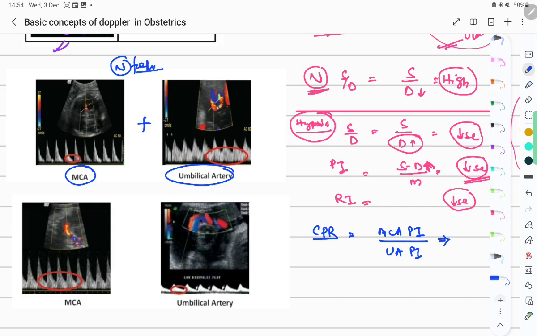In umbilical artery Doppler, diastolic flow is good, normal, high diastolic flow, and in MCA Doppler there is low diastolic flow. The CPR will be MCA PI by umbilical artery PI. Diastolic flow is less, so MCA PI will be increased.